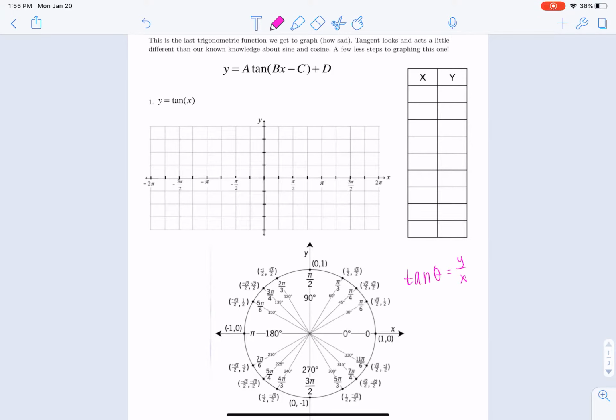So to look at this unit circle and figure out when we stack the y on top of the x, places that are nice to graph, I mean values that are nice to graph in terms of y values, we're going to look at 0, pi over 2, pi, and 3 pi over 2.